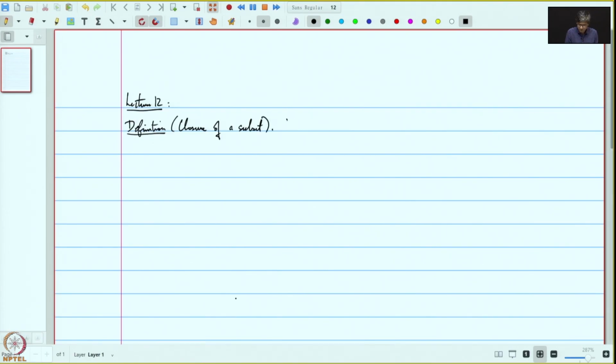Okay, so let A contained in X be a subset. It can be any subset, it doesn't have to be open or closed. The closure of A is defined as follows.